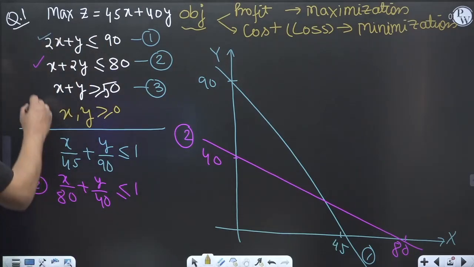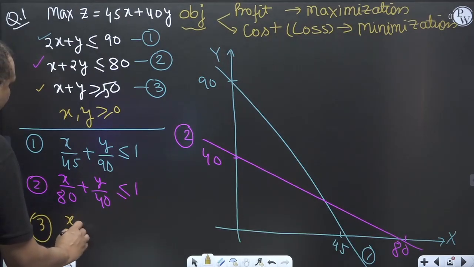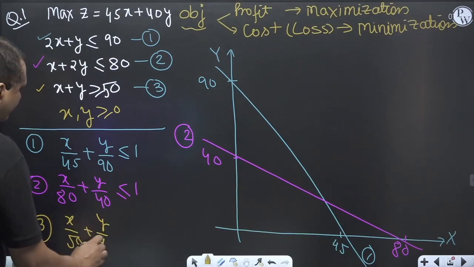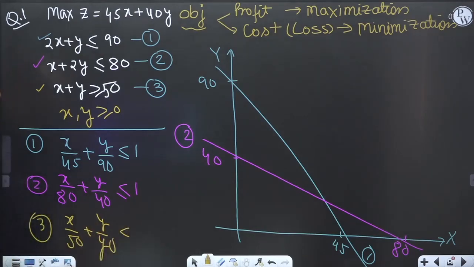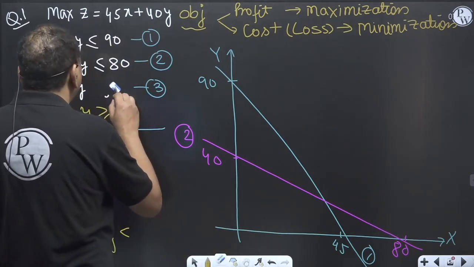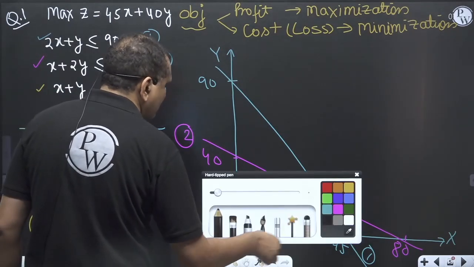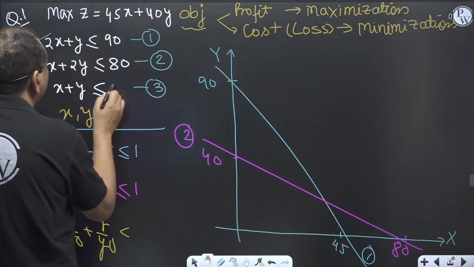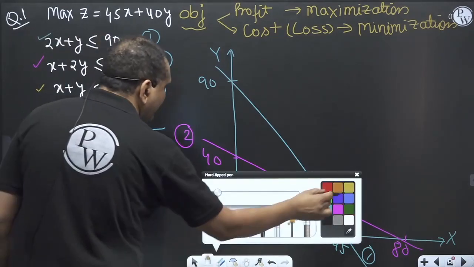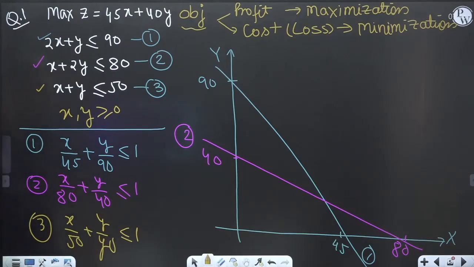Take the third constraint, divide by 50. x by 50 plus y by 50. It is also a less than sign. There was some error because yesterday I was doing something. Less than or equal to 1.